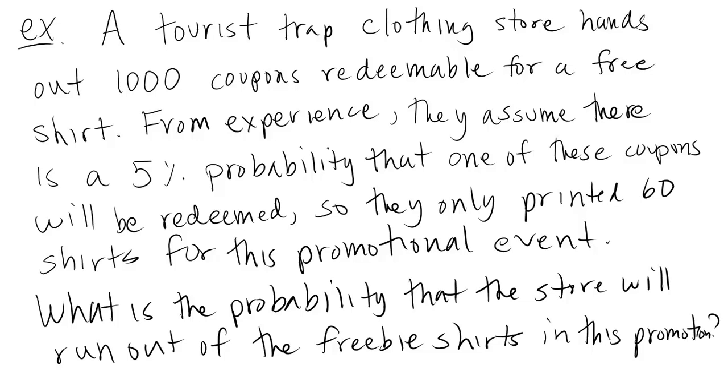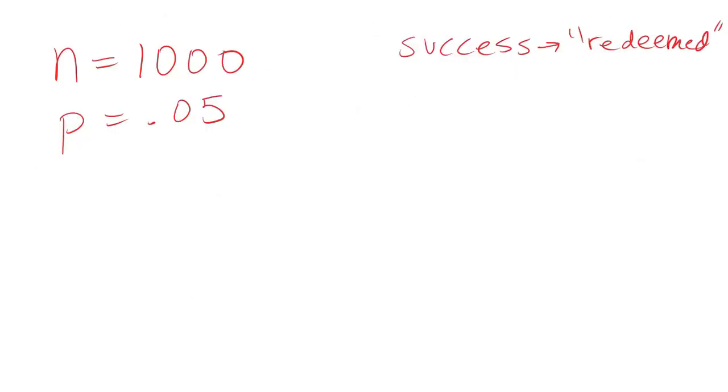And now we have to put a little bit of thought into what it means for the store to run out of shirts. It doesn't explicitly say how many successes that is. Some of you say, well, they'll run out of shirts if 60 people show up, so X is 60. That's a good start, but that's not the only case in which they run out of shirts.